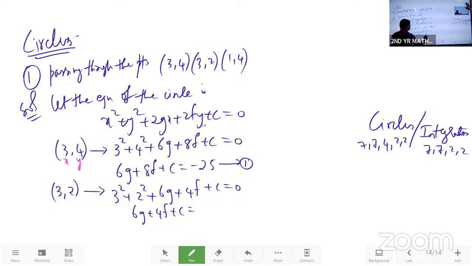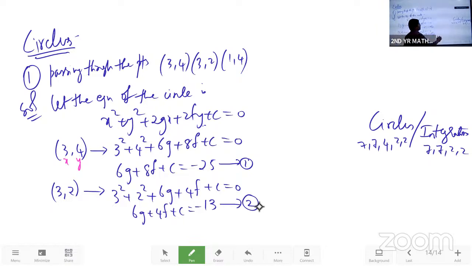So bring it to this side, this is minus. Then 6g plus 4f plus c equal to minus 13. This will be your second equation.